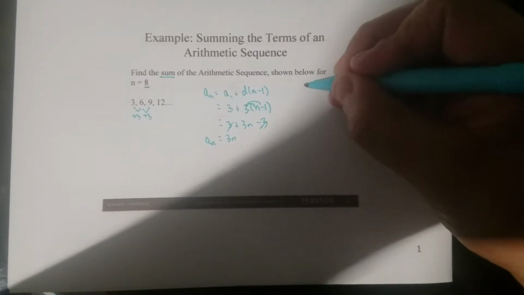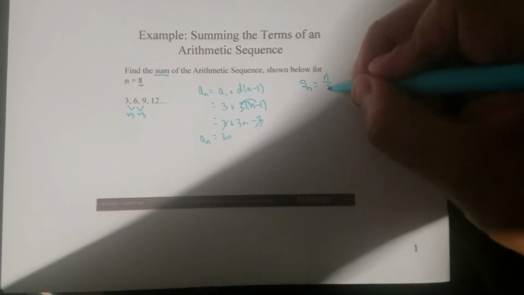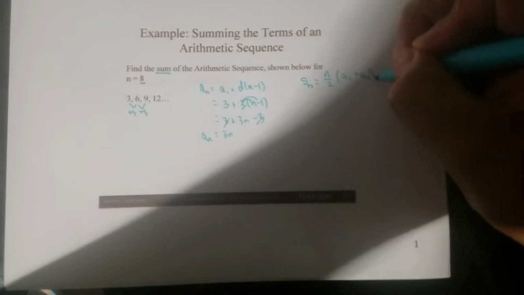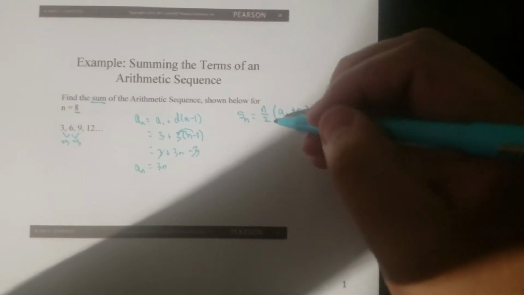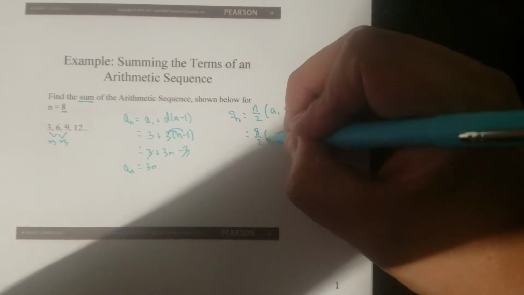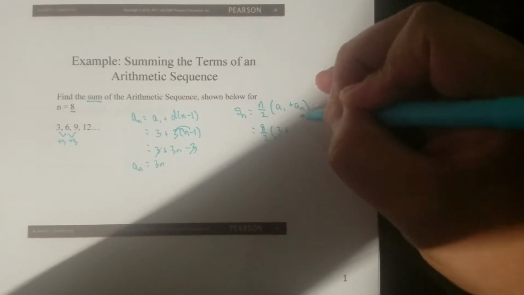And from my formula sheet, I know that my series sum is equal to n over 2 times a1 plus an. Okay, so here n is 8. They gave it to me. a1 is 3. And an, I'm going to find it.